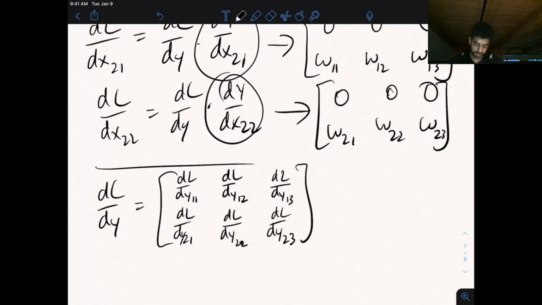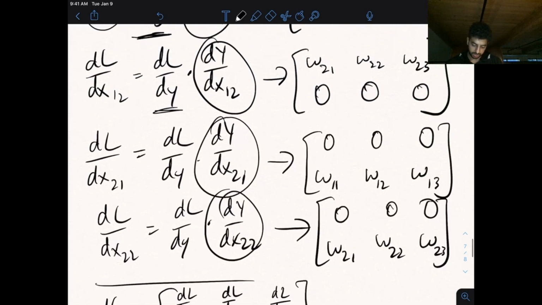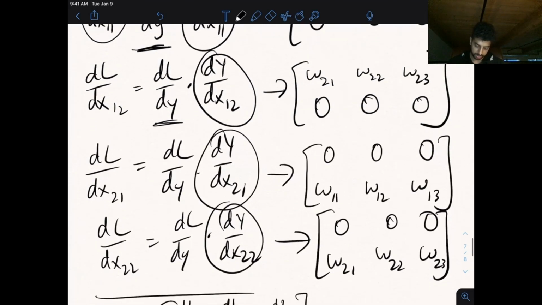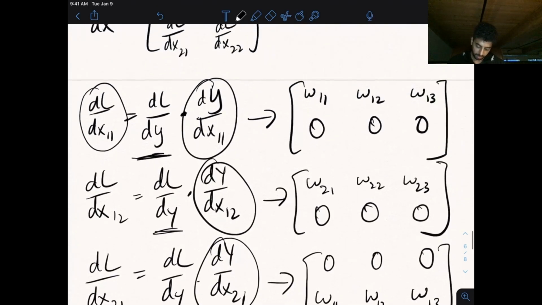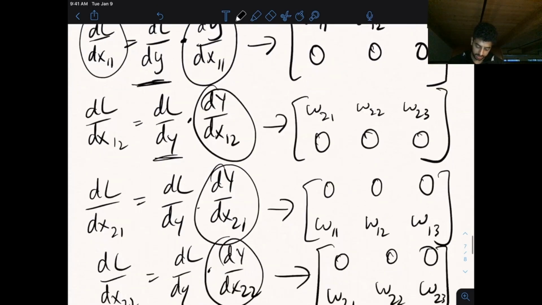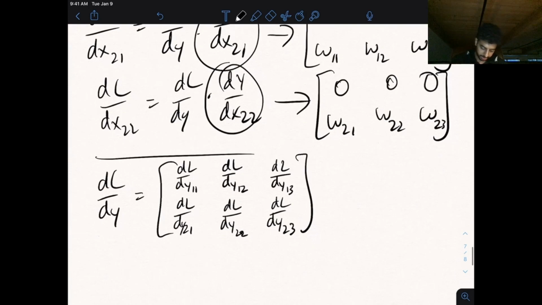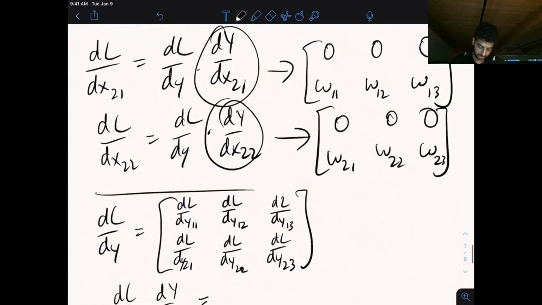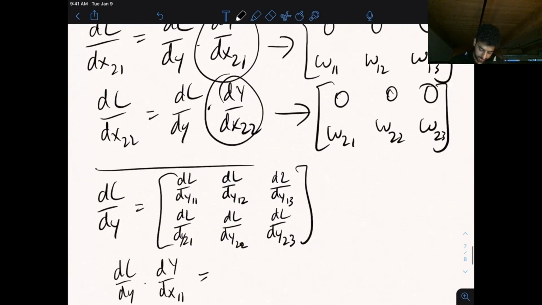All right. So now we're just going to take the dot product of these two things. So we have this up here. And if we do dl dy times dy dx11, we get dl dy11 times w11, right?